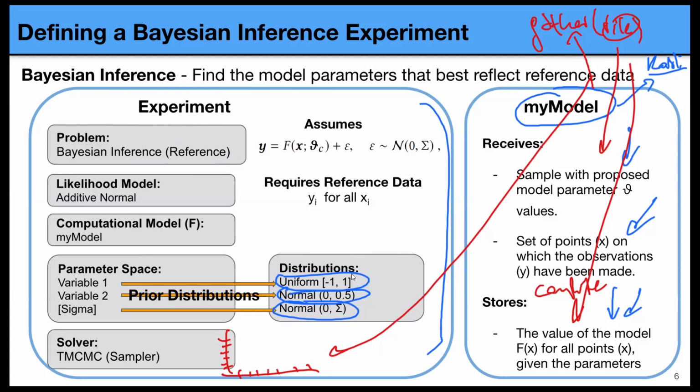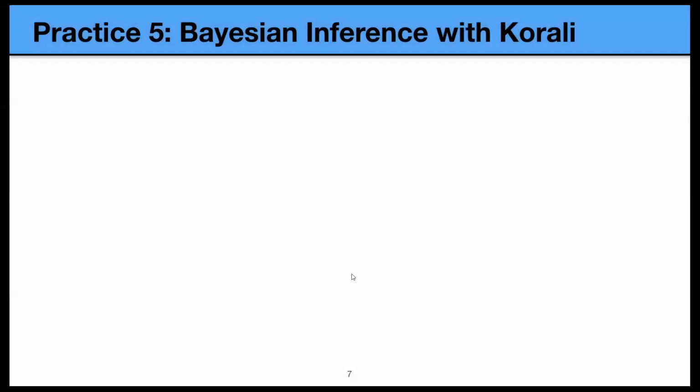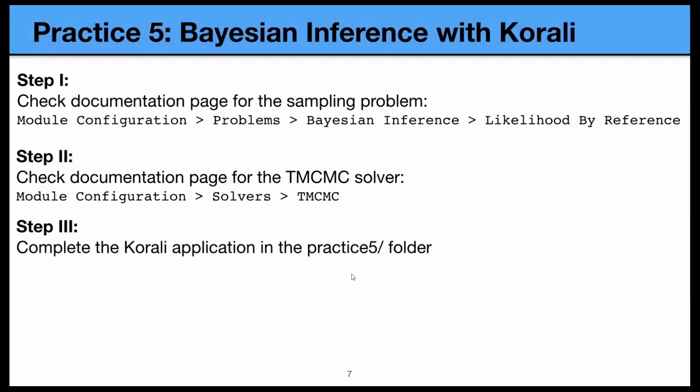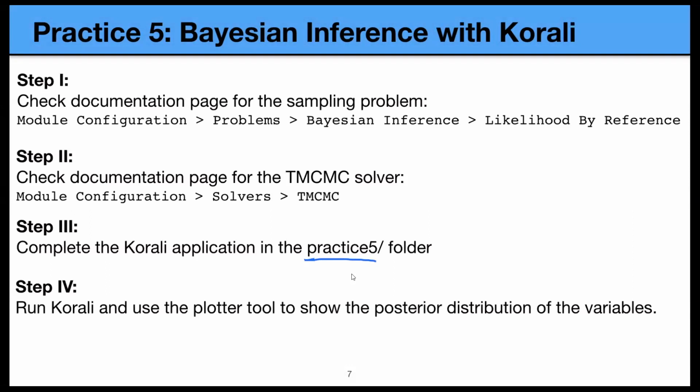And then, okay, we use TMCMC to sample this. Yesterday, we did execute this. We went to the practice file folder and ran TMCMC, and we saw the posterior distribution of the variables.